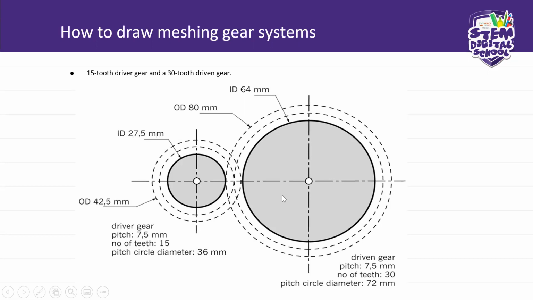So that's how you graphically represent a gear mesh. The driver gear has a pitch of 7.5 millimeters, number of teeth 15, pitch circle diameter.